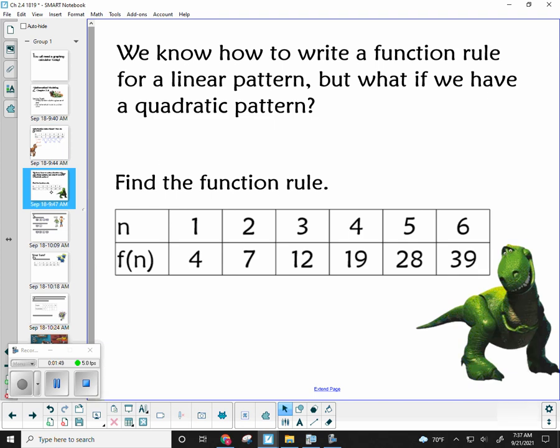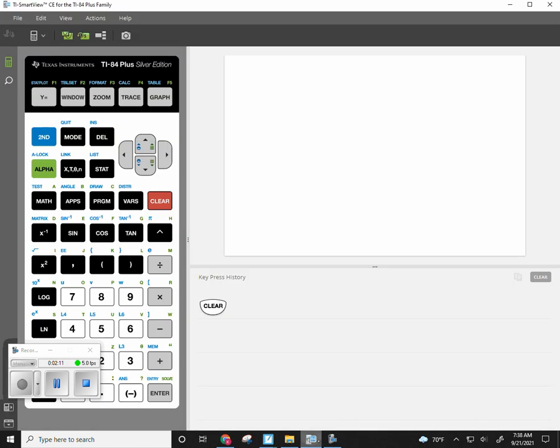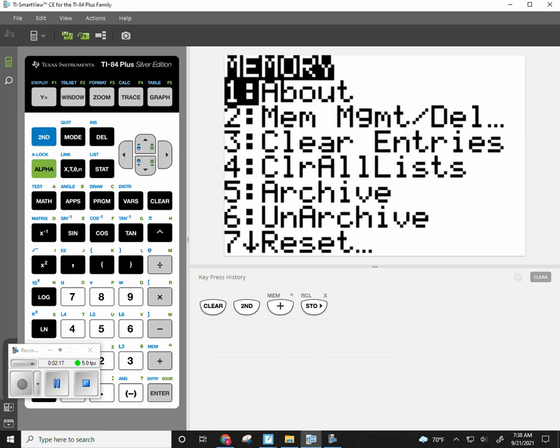So now we're going to find the function rule for this set of data. I put all the calculator steps on this slide, and I'm going to walk you through it anyway, but it's there in case you need it. The first thing we want to do is clear all lists. So I'm going to pull up my graphing calculator. I'm going to press second, plus, number 4.